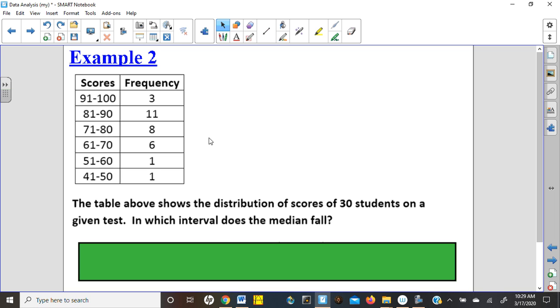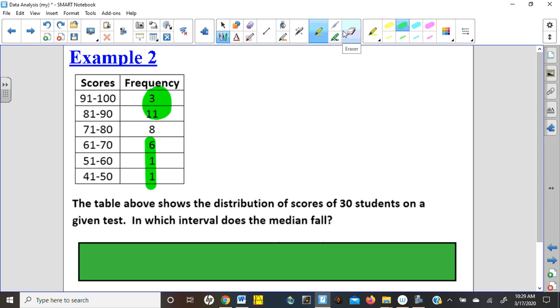Now, normally we'd have to put these 30 scores in order, but we don't even know specifically what those 30 scores are. But here's what we can do. We can say, well, halfway between 30 is going to be, what, 15 and 16? So we're going to have to average the 15th and 16th score. Well, 14 of those scores are 81 or above. And so if I start going up 14 on the other side, there's 8.